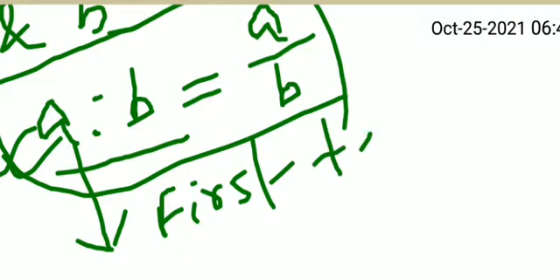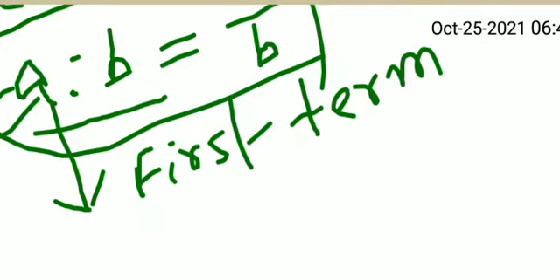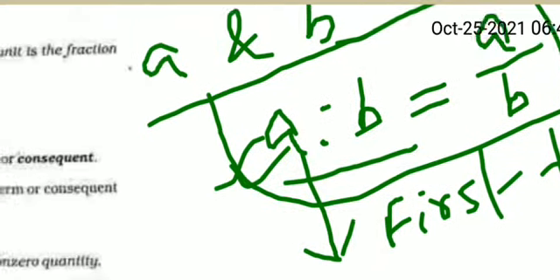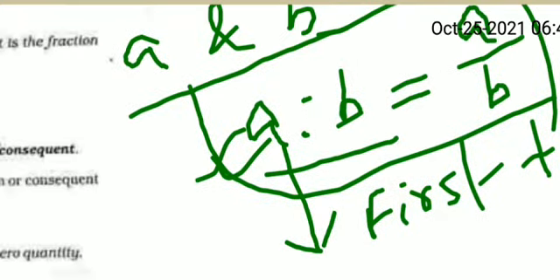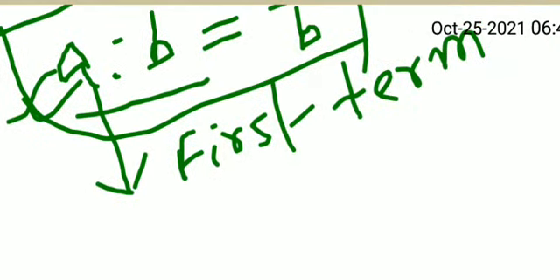I am repeating, the first term is called the first term, and B is called the second term or consequent.